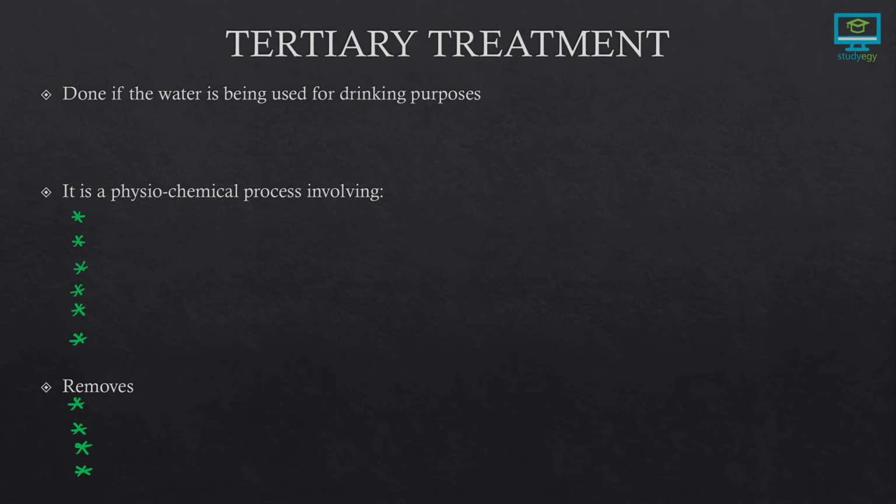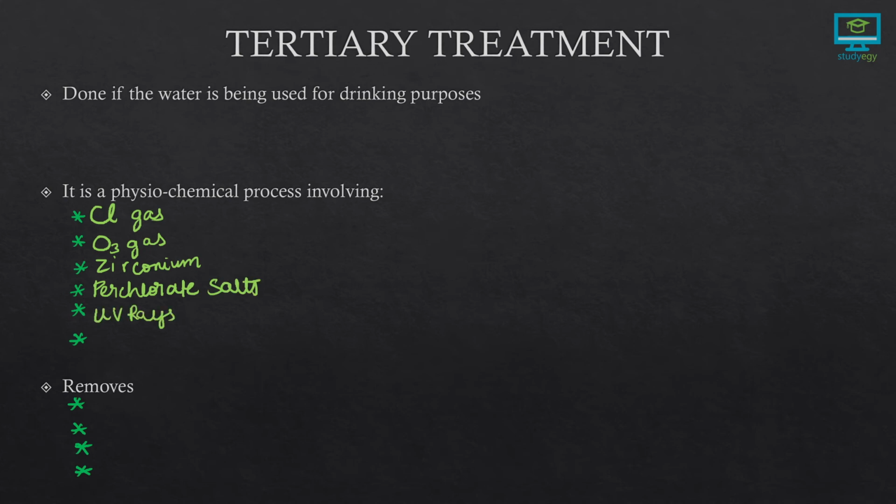So this is a physicochemical process involving chlorine gas, ozone gas, zirconium, perchlorate salts, UV rays, and sometimes reverse osmosis, that is the RO which we use at our homes.